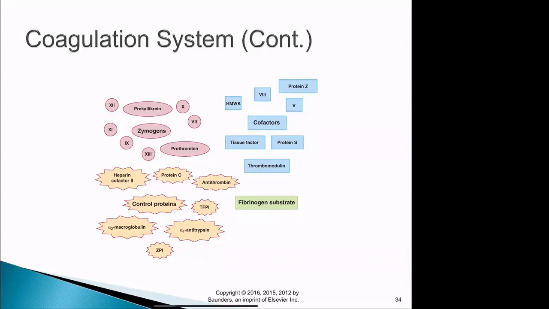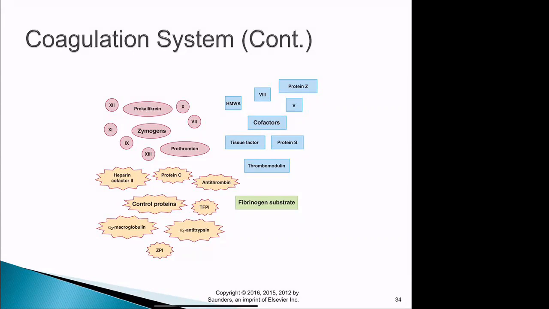Zymogens turn into enzymes. Then you have some cofactors: high molecular weight kininogen, factor 8, factor 5, tissue factor, protein S, thrombomodulin, and protein Z.